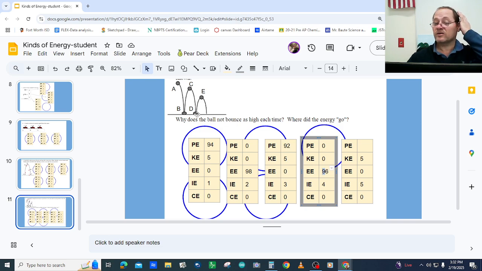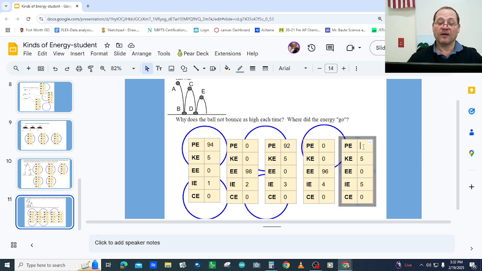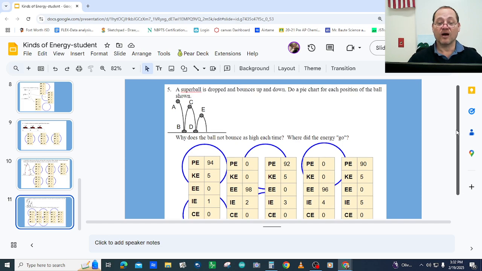As the ball bounces off point D, it goes back up to point E, and at point E you can make up the number already, because you have 5 kinetic energy and 5 elastic energy. That makes 10. 100 minus 10, 90. And so that's the answer for the last one, number 5.